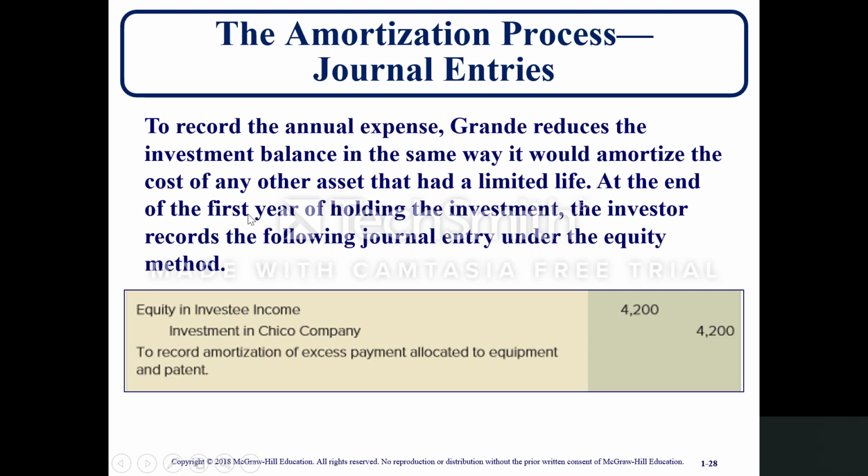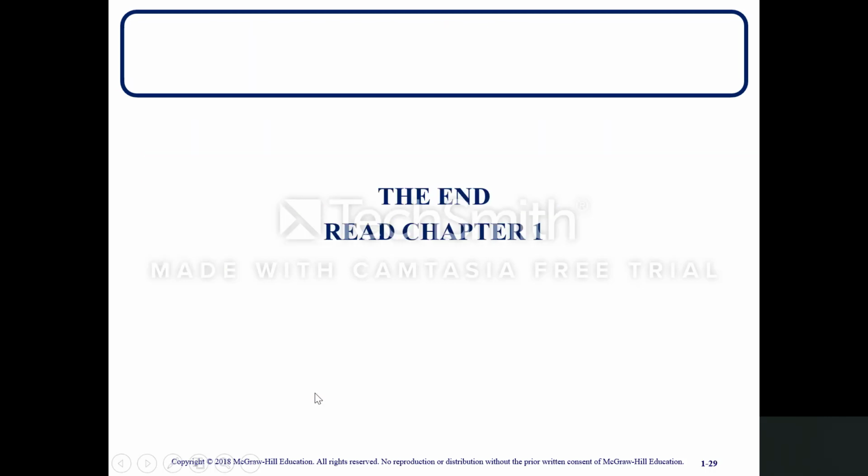At the end of the first year of holdings, the investor records the following journal entry under the equity method. You debit equity in investee income and credit investment in Chico Company for $4,200, to record the amortization of excess payment allocated to equipment and patent. This recognizes the difference that they paid in excess of the book value when they acquired the 30%. That's the end of the key points.